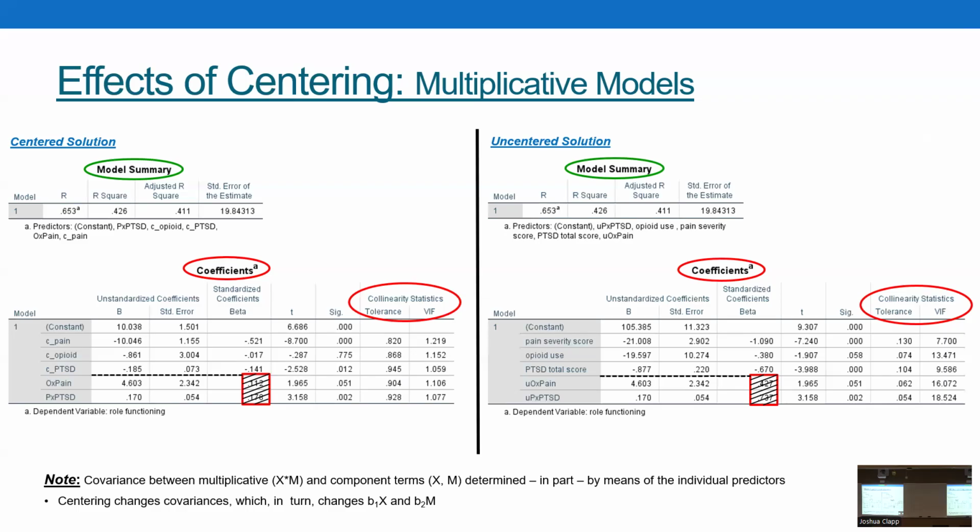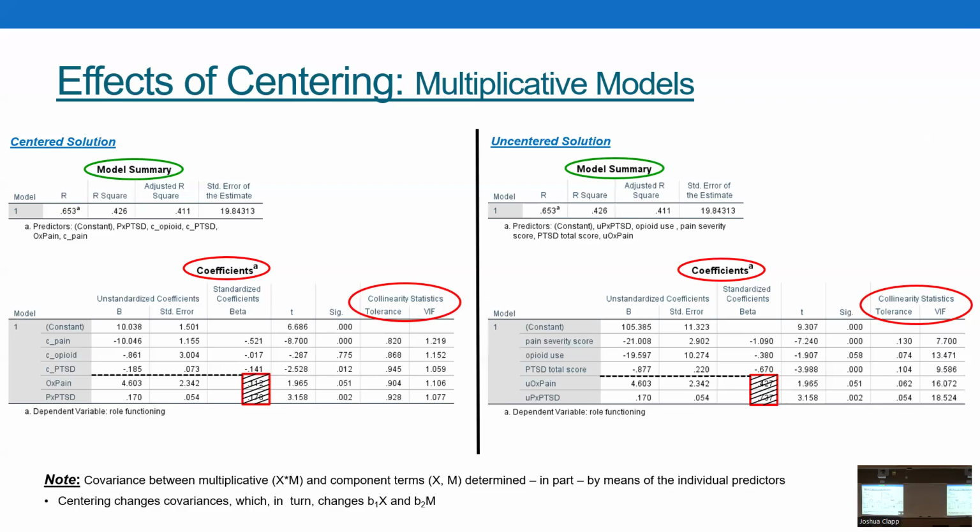So if I take a look at my centered solution, here's my constant. This is the expected value of Y for people at average levels of pain, average levels of PTSD, controlling for opiate use. And you can see it's much lower.